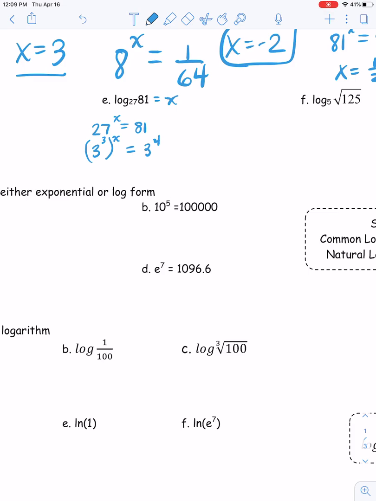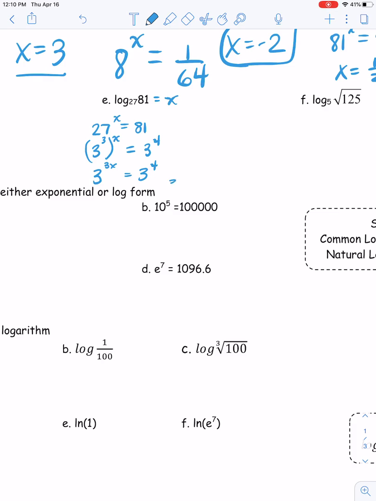3 to the 3x power equals 3 to the 4th power. Whenever I raise a power to a power, looking at the left-hand side, 3 cubed raised to the x power, what happens when we raise a power to a power? We multiply those powers. So this is really 3 to the 3x equals 3 to the 4. When your bases are the same, you can set your exponents equal to one another.